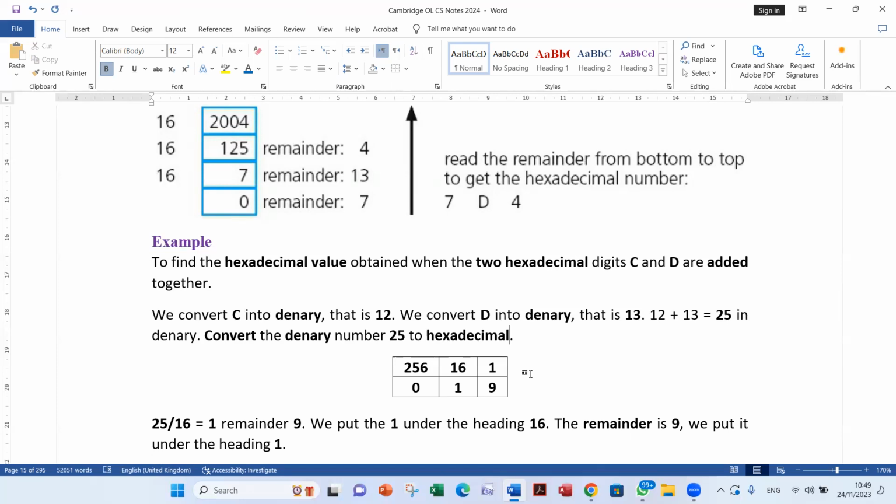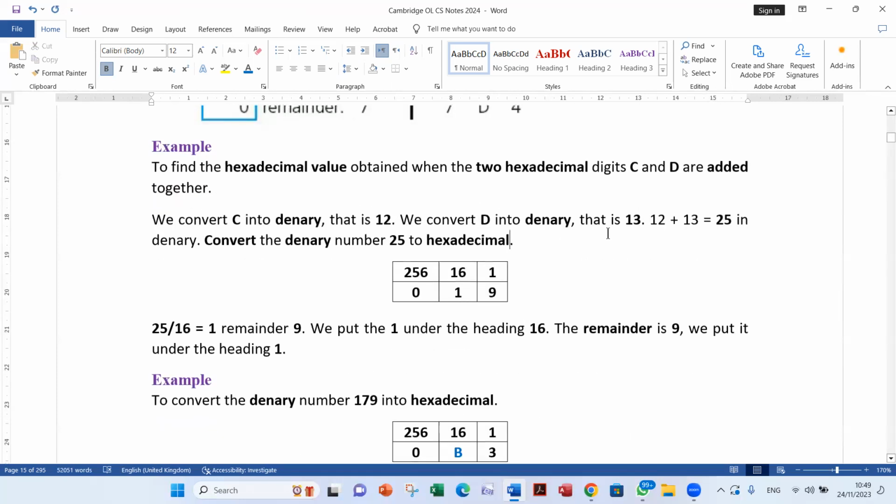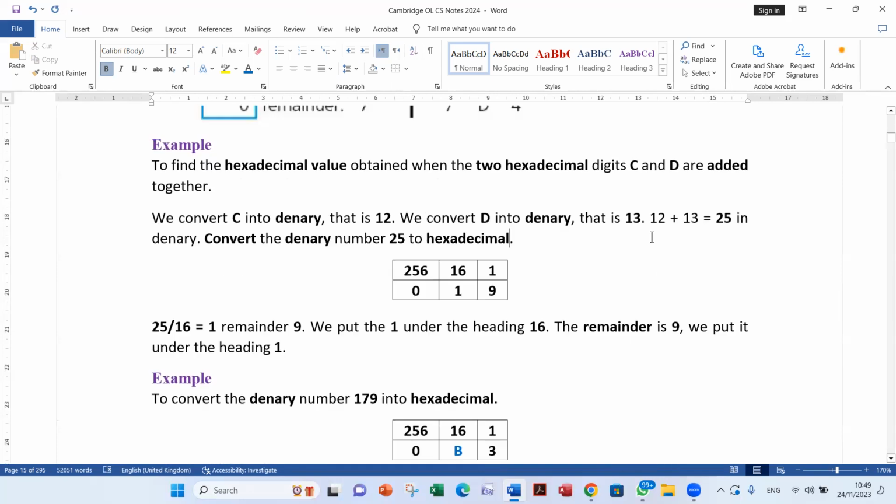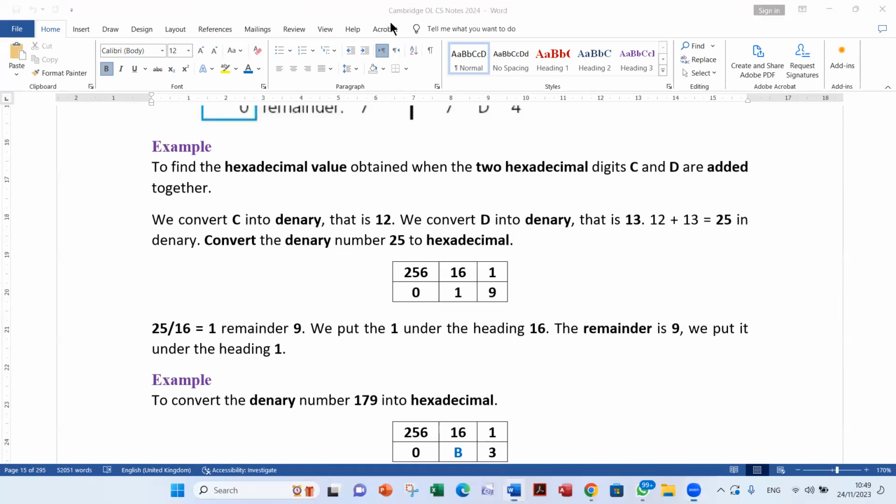And then, let me do that in front of you. I can draw. It is like this. You have 25. Divide that 25 by 16.